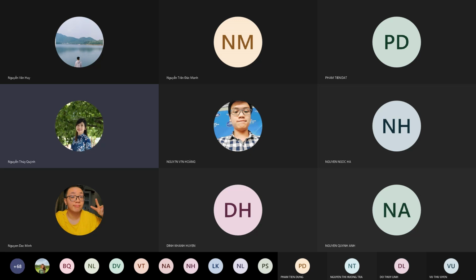When u_i hat is as small as possible, right? When u_i hat is minimal, and the minimal value is 0. There's no difference between the actual value of y and the fitted value of y.